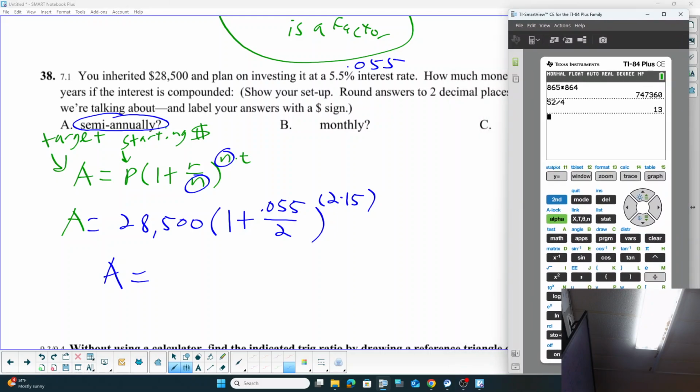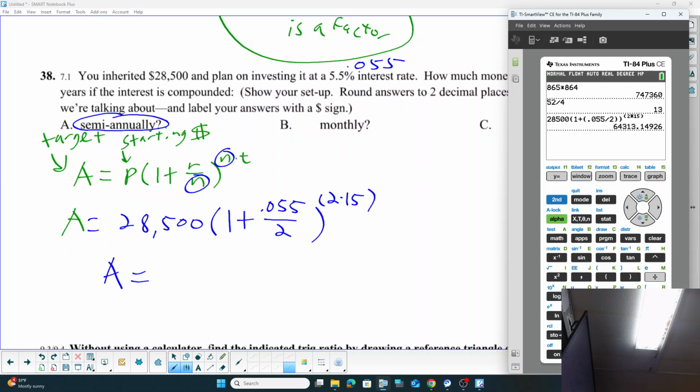Remember how to do this? So 28,500 times 1 plus, I'll probably do a parenthesis there, close parenthesis, to the 2 times 15, which of course is 30.